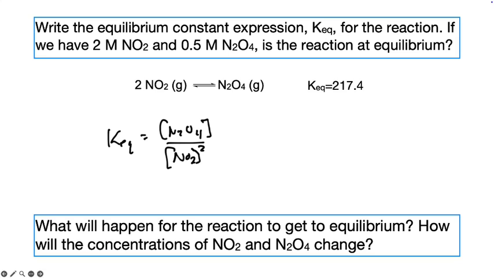So we said, if we're going to solve for this to see if we're at equilibrium, we would plug in those numbers. We had 0.5 molar for our N2O4. We had 2 molar for the NO2 squared. We had 0.5 divided by 4, which gave us 0.125, right? So we ran all those calculations.